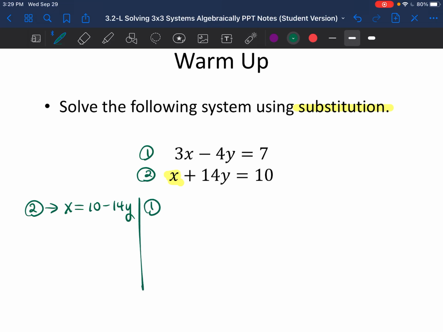Then our remaining equation that we haven't used, equation 1, we are going to substitute the x variable. And so here, x equals 10 minus 14y, we replace the x here. And so I would rewrite the entire equation without the x, and then fill it in with what x is equal to. Now we have an equation that just has y, and so we can solve by distributing.